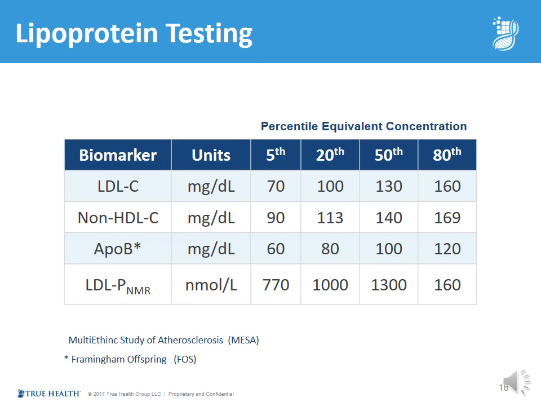If an LDL-C is in the 5th percentile, and the LDL particle count is at 770 or below, the two markers are said to be concordant. Then they are equally valuable in ascertaining risk. The problem is, unless you're doing both measurements, you will never know in a given individual patient who might have discordant concentrations.